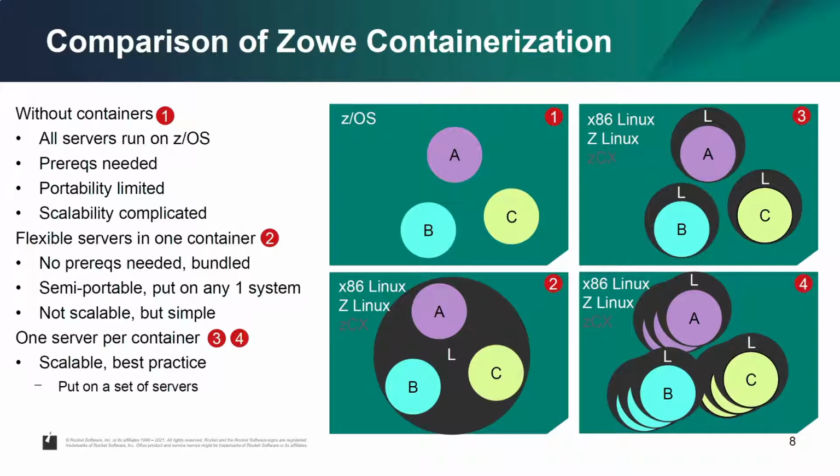However, when you move to a container model, more of that is standardized, more of that is handled for you. So in model number 2 here, this is what we have with the tech preview. No prerequisites are needed because they're bundled inside of the container. However, we're bundling all of the servers into one container here. So we run into a different problem, which is that if one of the servers has an issue and it needs to be restarted, this container is all or nothing.